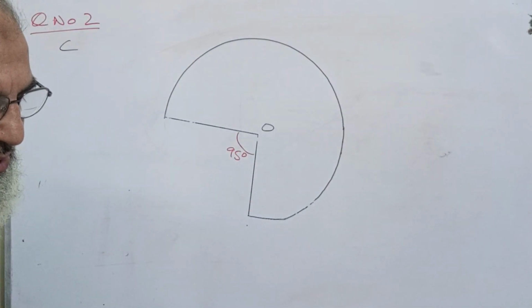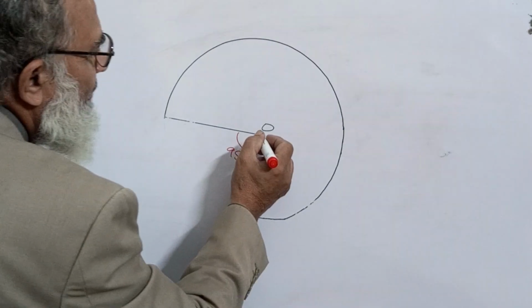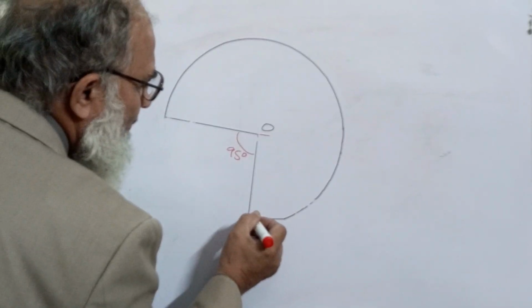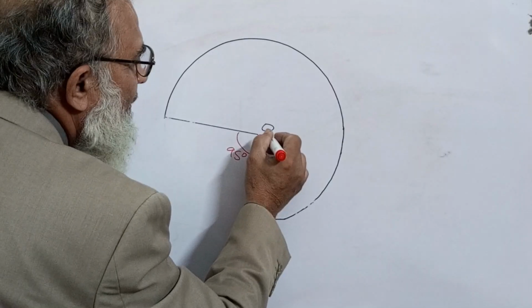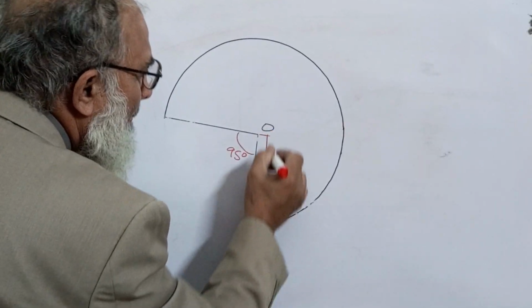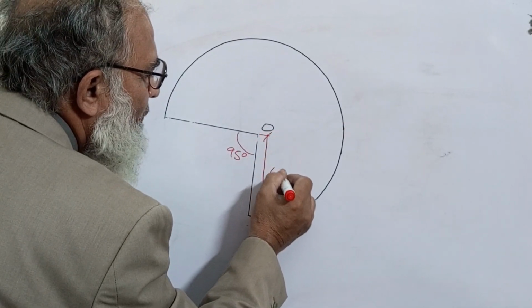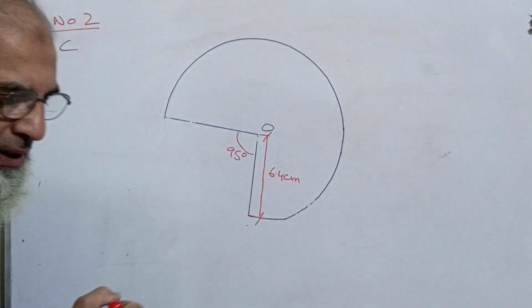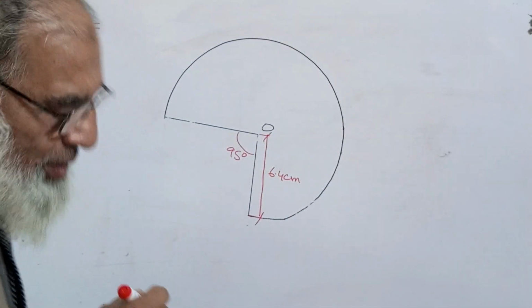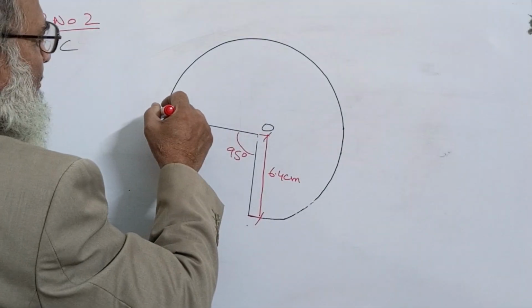Radius which is given is 6.4 centimeter. What else is given to us? Nothing is given.